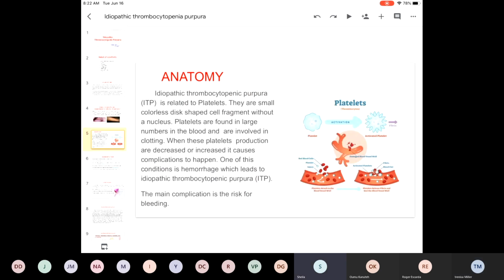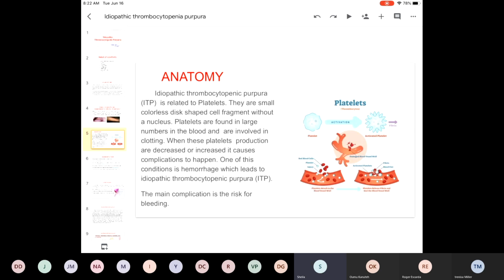Okay, the anatomy. Idiopathic thrombocytopenic purpura is related to platelets. They are small colorless disc-shaped cell fragments without a nucleus. Platelets are found in large numbers in the blood and are involved in clotting. When platelet production is decreased or increased, it causes complications to happen.